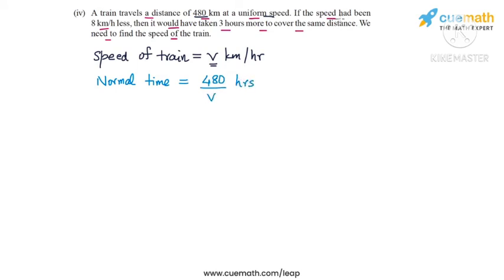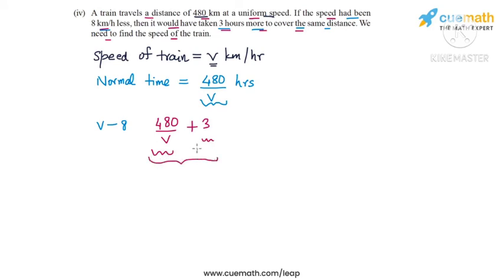Now the statement says if the speed had been 8 kilometers per hour less, so if the speed of the train was, instead of v, v minus 8, then it would have taken 3 hours more to cover the same distance. So it would have taken 3 hours more than this normal number of hours. So that is 480 by v plus 3. So this is the normal time, and you add 3 hours to it.